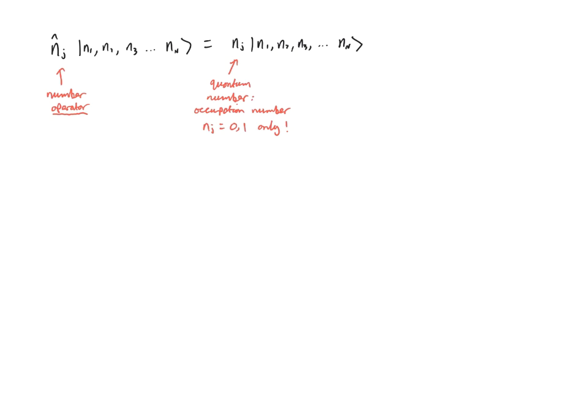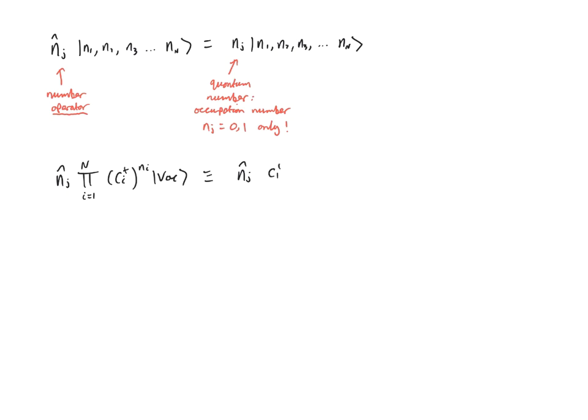So how did I get that? Well, let's use our definition of a generalized state and the anti-commutation or the commutation relations. So nj hat is going to be acting on the state, and using our definition of this ordered product of operators acting on the vacuum. Again, let me just write that out in this alternative notation, or slightly clearer notation perhaps, for the purposes that we're going to talk about now.